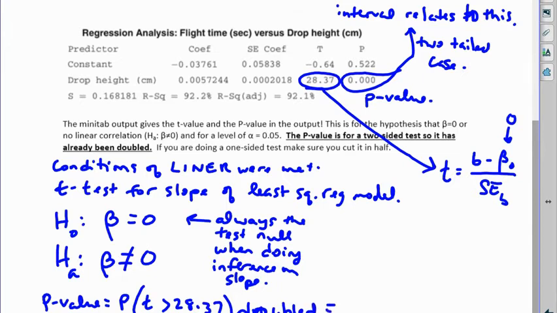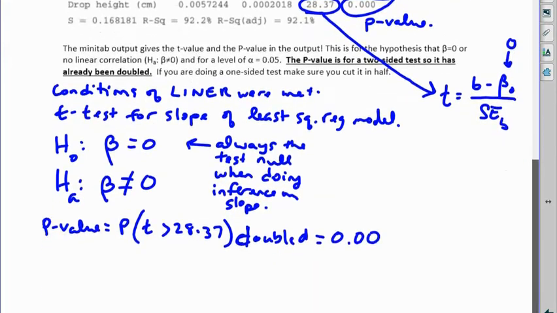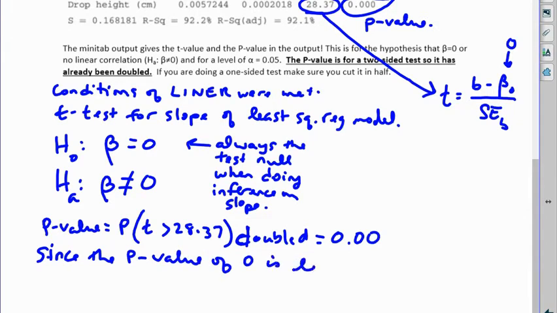And they've already doubled the p-value in the Minitab output. If you were testing an alternative that was only one-tailed, you would need to divide that number in half. But we don't need to do that because we're doing a two-tailed test.